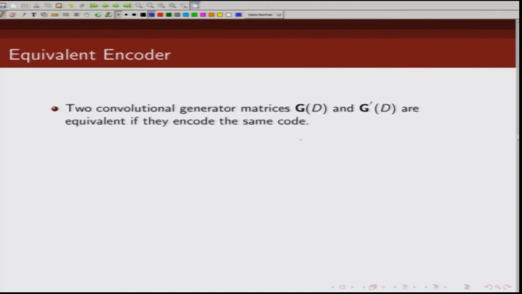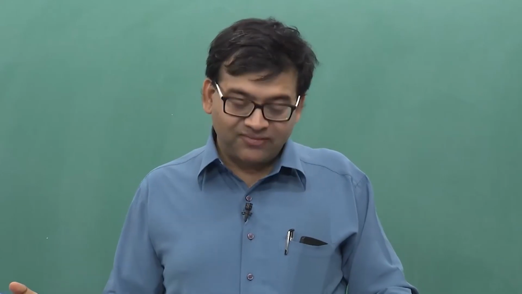The set of code words generated by this and this, if they are same, then these generator matrices are equivalent. The set of code words generated by these generator matrices are same, but the mapping between the input and the output is different in this encoder from the mapping between inputs and output for this generator matrix.